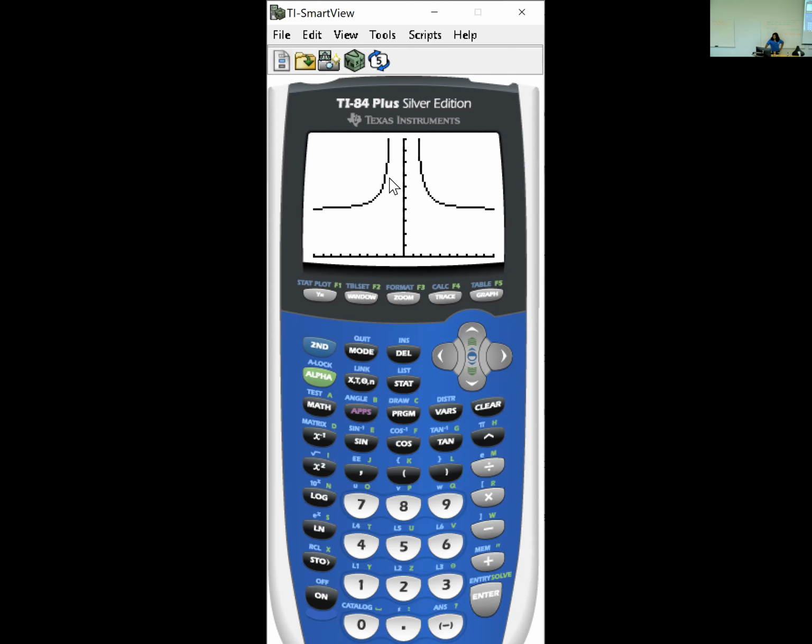And we may ask, well, is there something in the middle? There is. Any thoughts as to what that value would be? If you plug in x equal to what? 0.